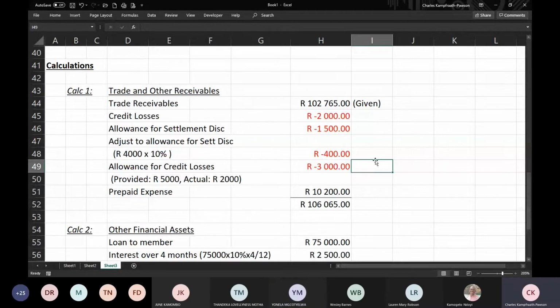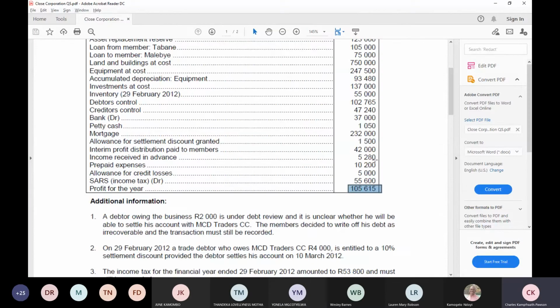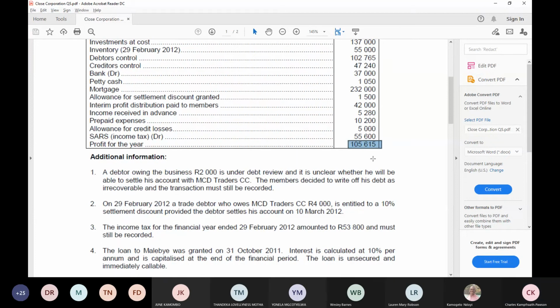Are you sure though that it hasn't been taken into account? If I read the question, I'm quite sure that it hasn't been taken into account because they say a debtor owing the business 2,000 is under debt review and it is unclear whether he will be able to settle his account with MCD Traders Close Corporation. The members decided to write off his debt as irrecoverable and the transaction must still be recorded.